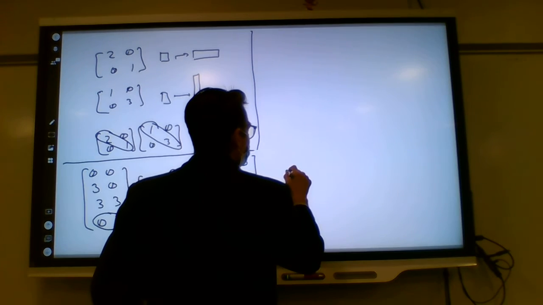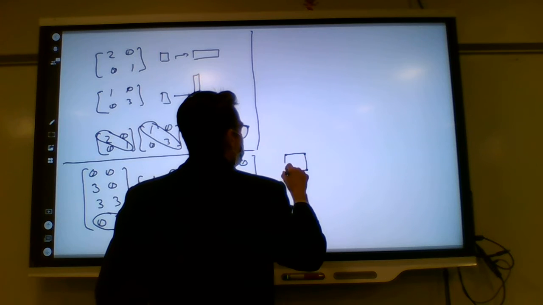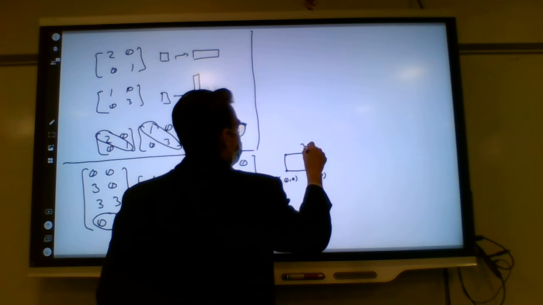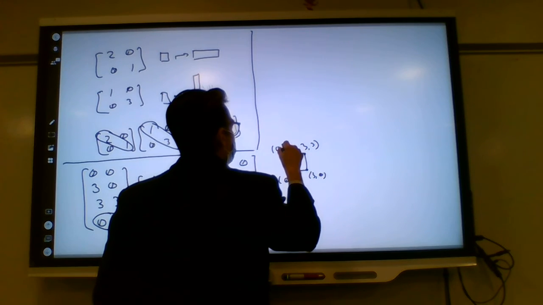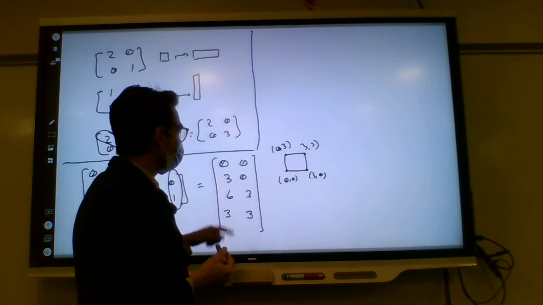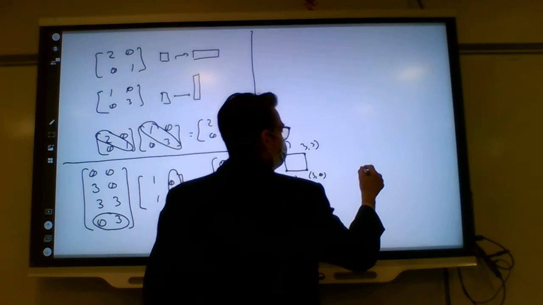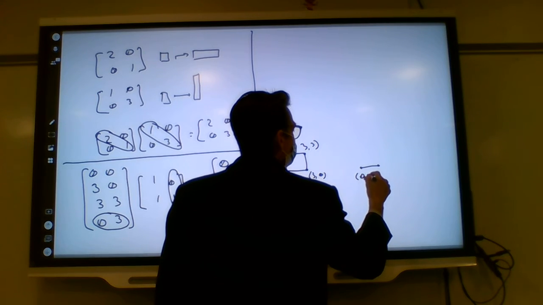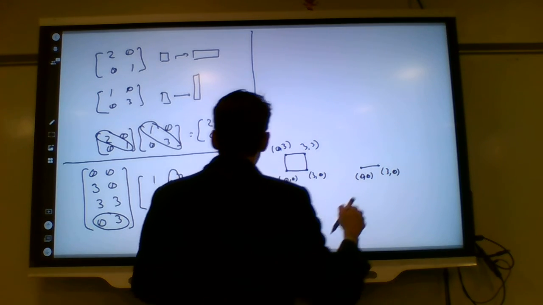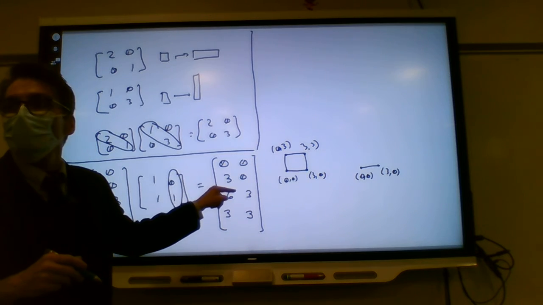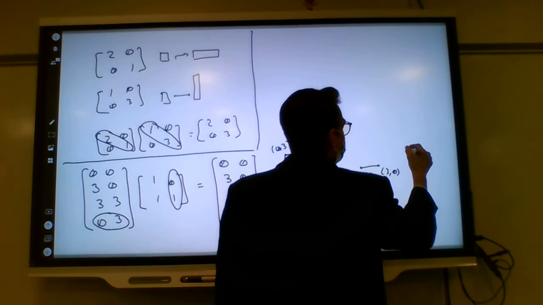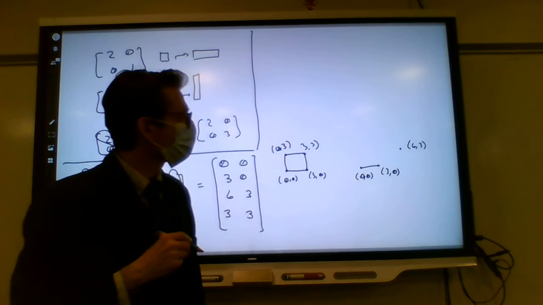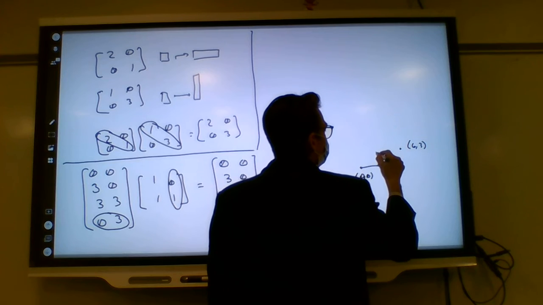Our square looked like this. And now what does it look like? Now we have 0, 0. We have 3, 0. But now we have 6, 3. And we have 3, 3.